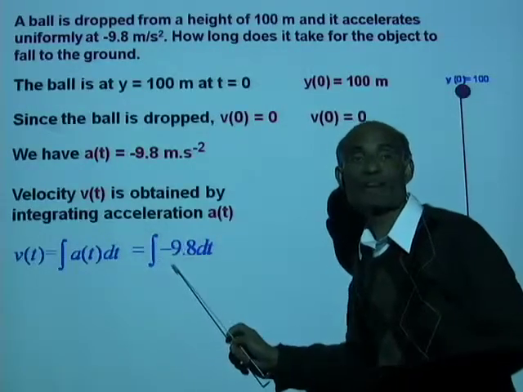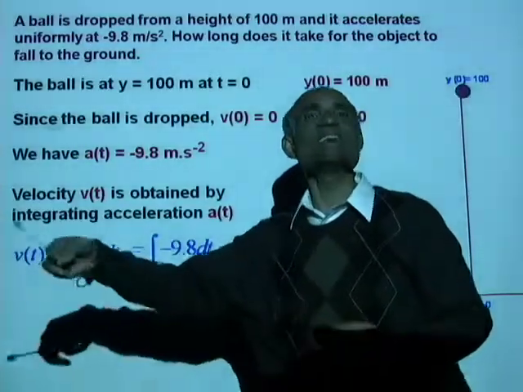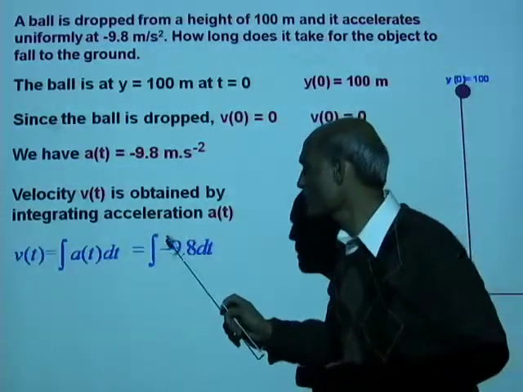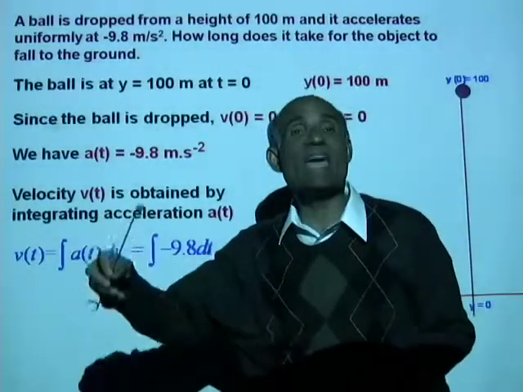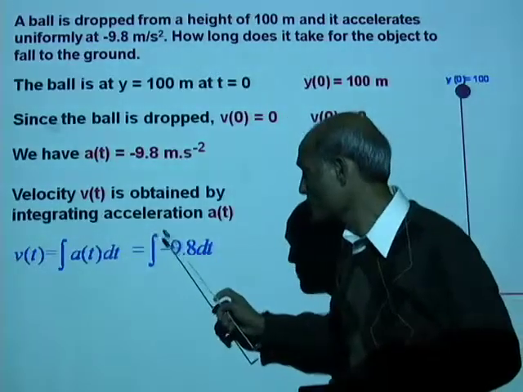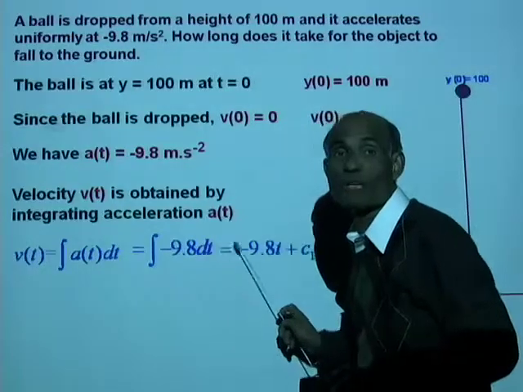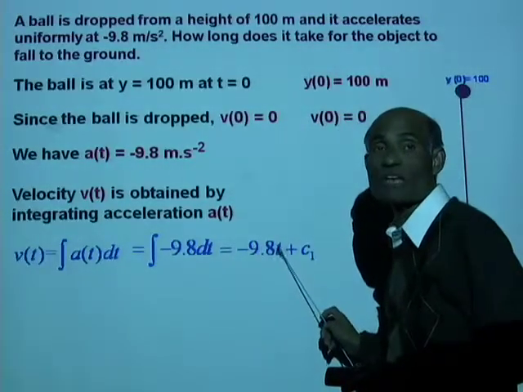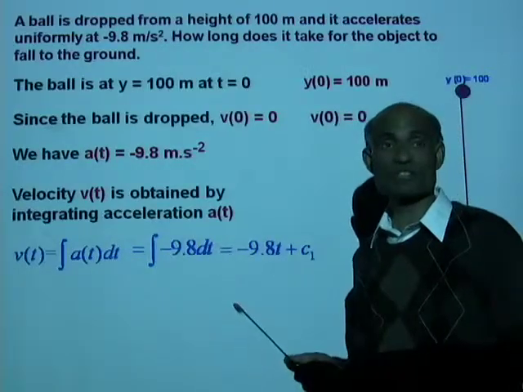Can you integrate that? Integral a dt is at plus c. Is that right? Integral negative 9.8 dt will be negative 9.8 t plus c1. c1 is our first constant.